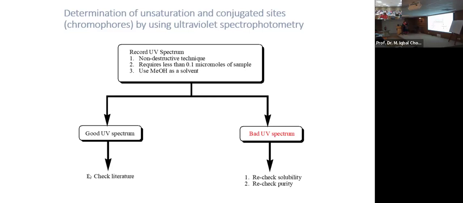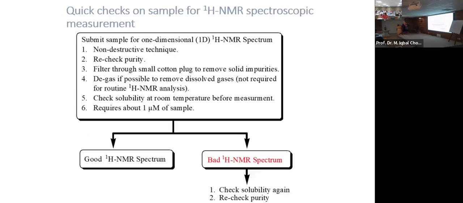Otherwise, the other solvents show peaks and show absorption actually. If it is a good UV spectrum, then fine, but here you will not get much information except if you have a conjugated double bond. There should be an absorption, but not much information can be obtained from UV. But definitely it is one of the requirements.